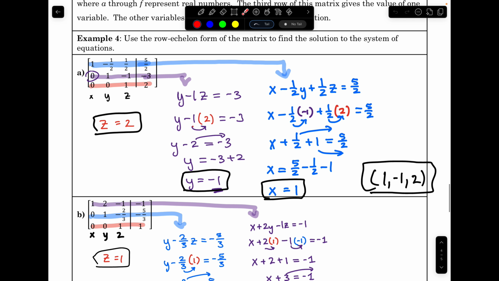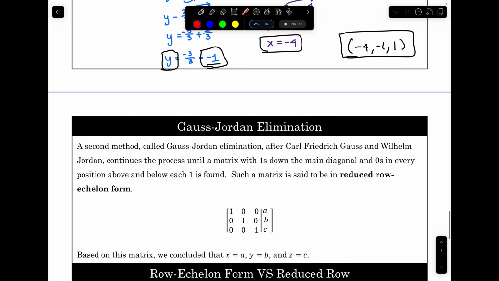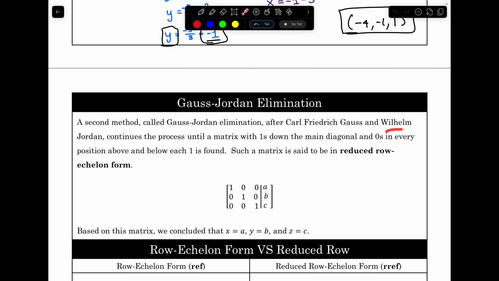Later, this mathematician collaborated with another mathematician named Wilhelm Jordan, and they continued the process into the matrix with only the ones being the main diagonal and everything else being zeros. This is the reduced form of the row echelon form.